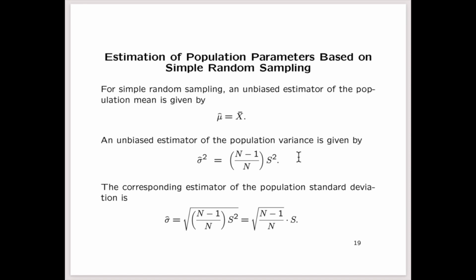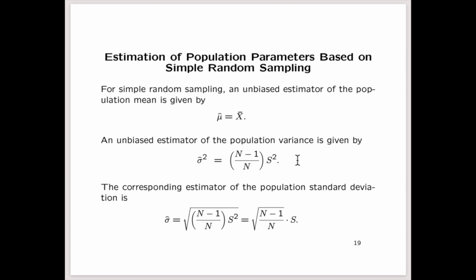So we need to attenuate it a little bit to make it unbiased. The factor we multiply against it is this fraction, n-1 over n, which is less than 1, and so it is in fact attenuating that sample variance.